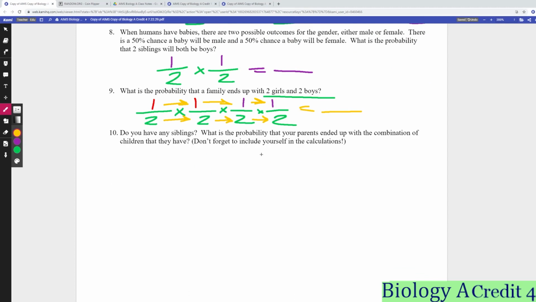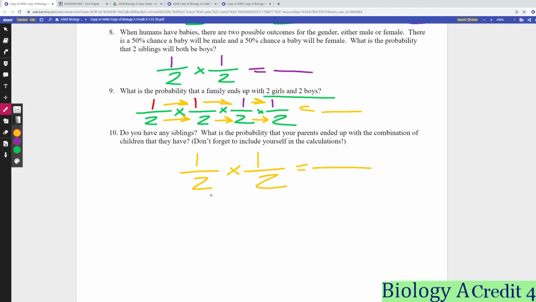For me, I only have 1 sibling. So that means there are 2 individuals that we are going to be looking at, myself and my sibling. What is the likelihood of us having the chromosome combination that we do? Me having an XX versus their chromosome combination, an XY in my case.